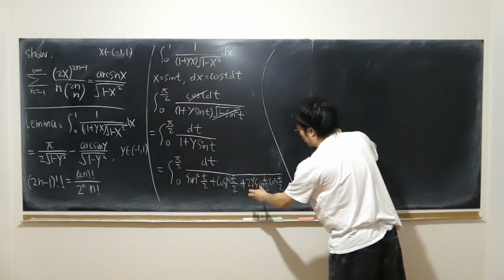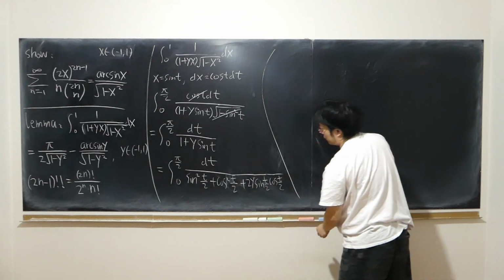This way, we divide top and bottom by cosine squared half t.